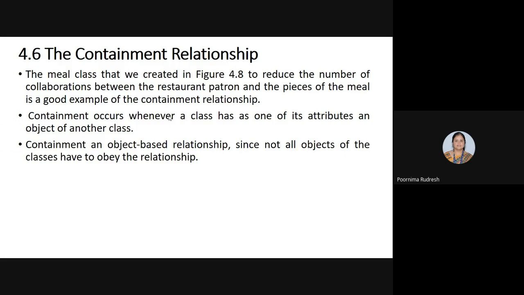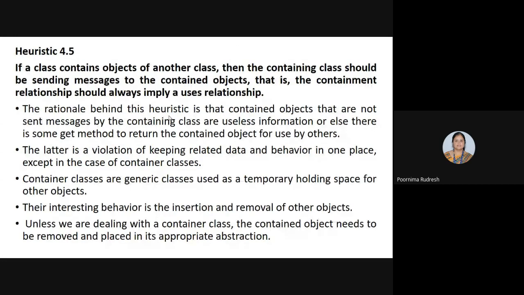It is a temporary class and it holds all the objects of the classes. And the containment relationship is an object based relationship because not all the objects of the classes obey the relationship. Next, we discussed the heuristics related to the containment relationship.